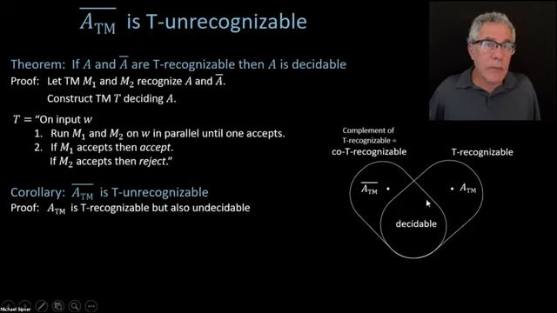These are the decidable ones. Here are the recognizable ones. And here are the ones whose complements are recognizable. Now, if a language is recognizable and its complement is recognizable, so it's in both of these bigger regions here, then this theorem tells you it's decidable. So that's why the intersection of these two regions is marked as being decidable, because that means you're in both.